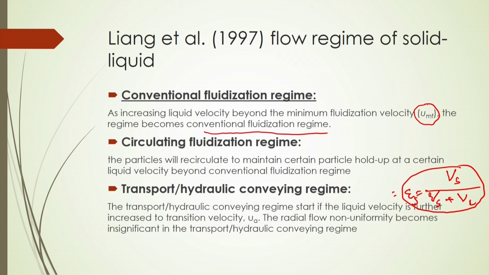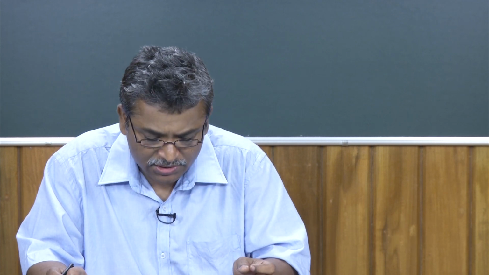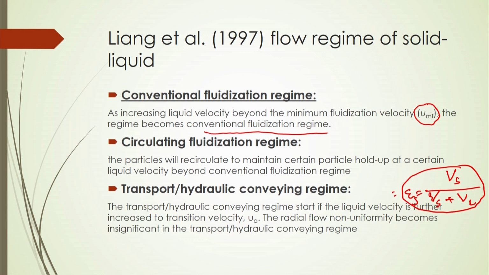then only the circulating fluidization regime can be obtained. And in the transport or hydraulic conveying regime, this flow regime will start if the liquid velocity is further increased to the transition velocity, to get the transporting or conveying mechanism in the fluidized bed. The radial flow in this case will be non-uniform, and this becomes insignificant in the transport or hydraulic conveying regime.